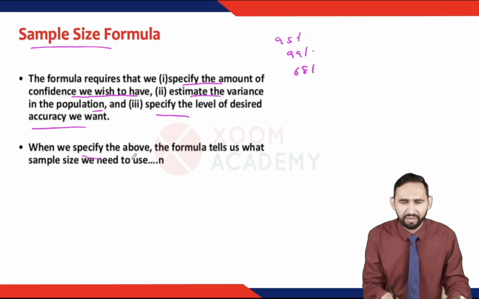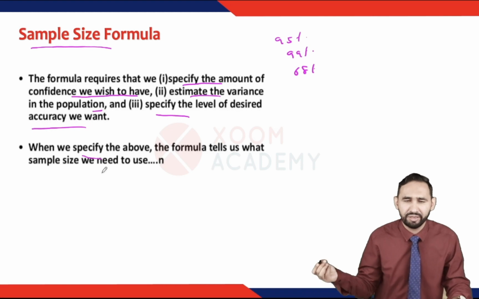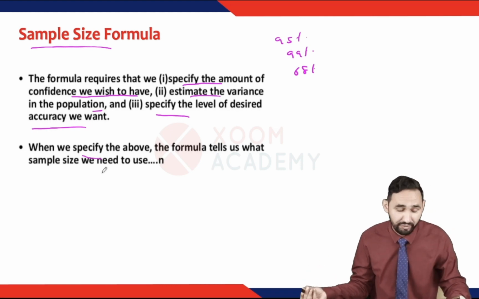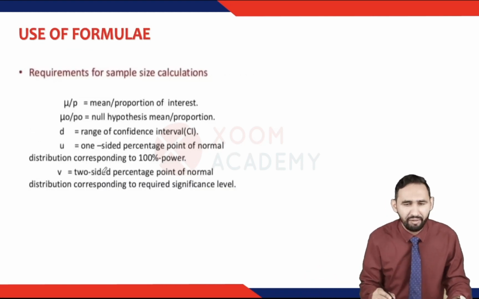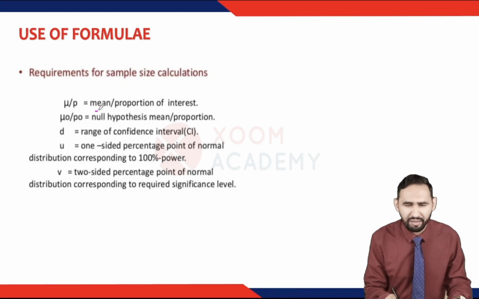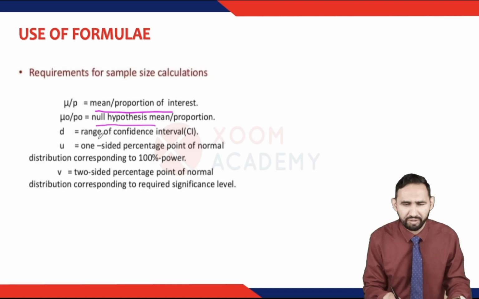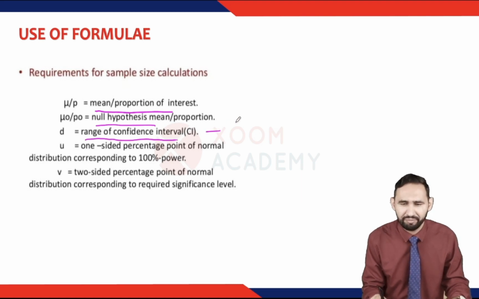When we specify the above, then we will apply the formula. We need the specific population, accuracy, confidence interval, and desired level of accuracy. What is the formula? The mean or proportion of interest. Then we apply the null hypothesis. D is the range of the confidence interval, 68%, 95% or 99%, two-sided percentage.